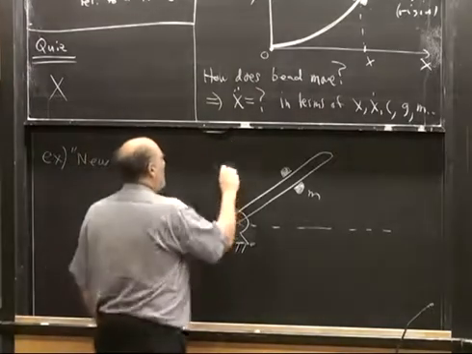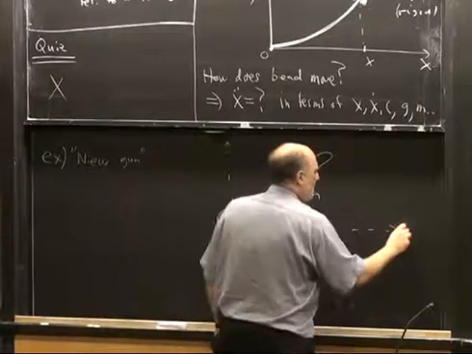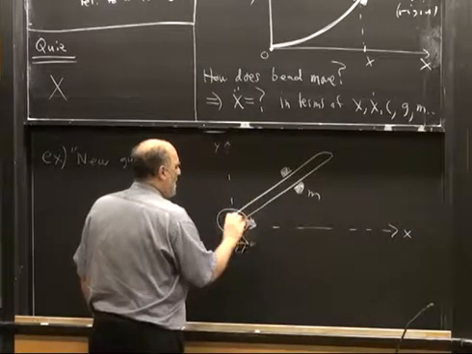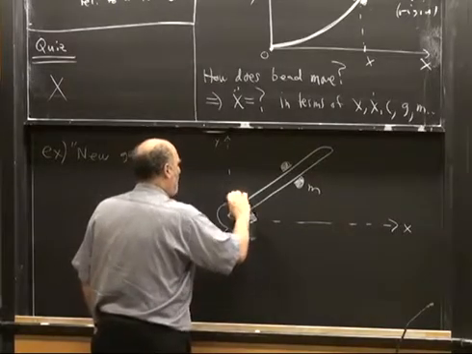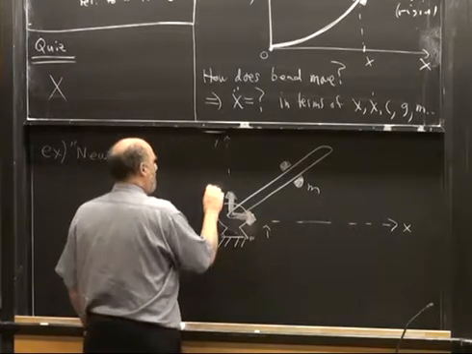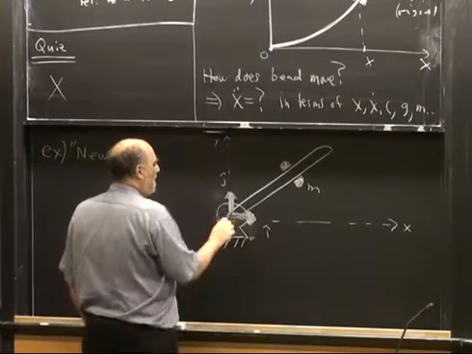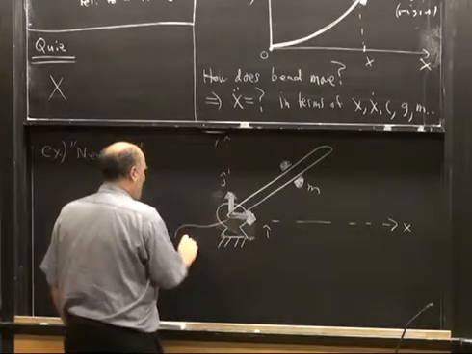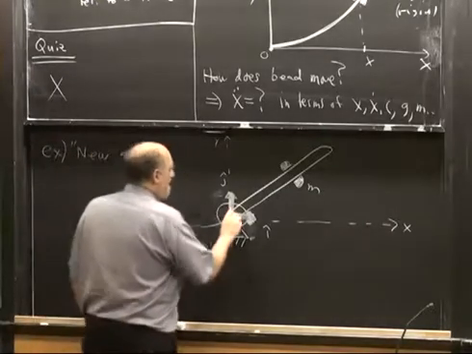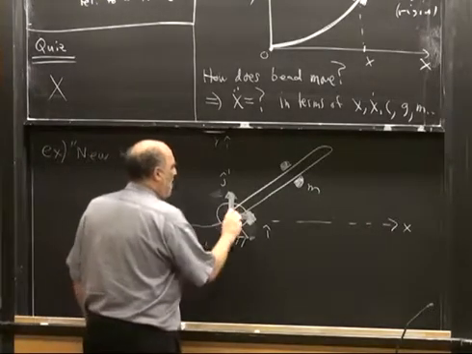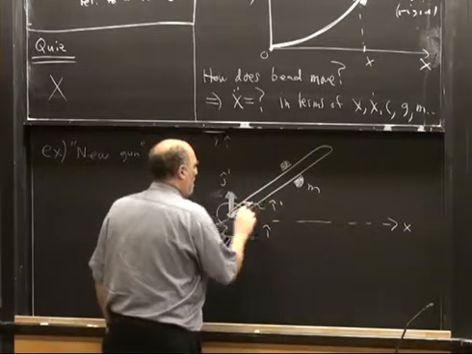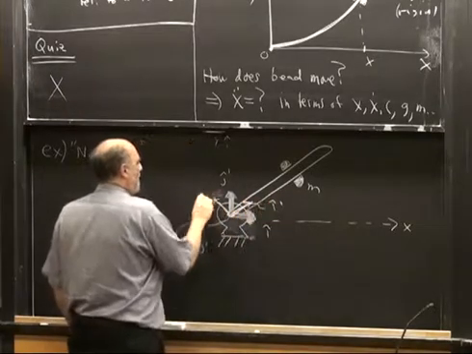So I'm going to say I have my fixed coordinate system, x and y, and associated with that, I've got my unit vectors i and j. Now I'm going to take a moving coordinate system, and to keep it simple, I'm going to put it also on the same point, O prime, and draw unit vectors associated with that system, which I'll call i prime and j prime.